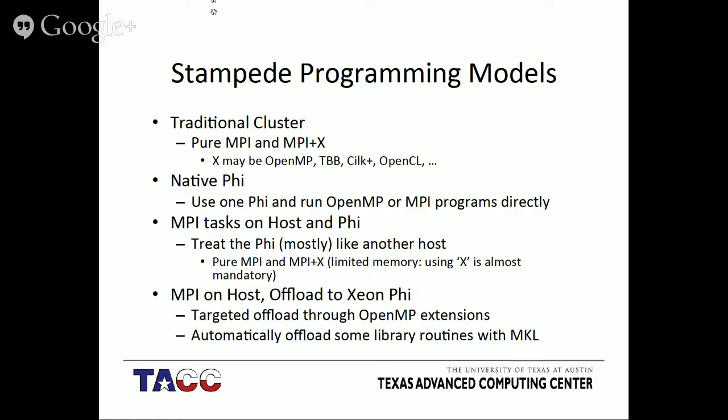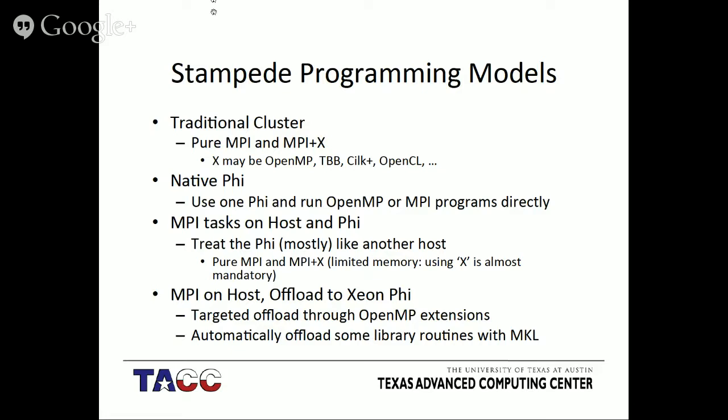Now there are 3 usage models for the Xeon Phi. The first one is to run your code natively on the Phi, so you do not care about the host or any other card. You just take your Xeon Phi as a standalone computer. You log on to that Xeon Phi, and then you run a.out, something like that, so you can run your code directly, which is very nice when you start playing around with the Xeon Phi and you just want to know how fast is my code, or how fast are some of the hotspots in my code.